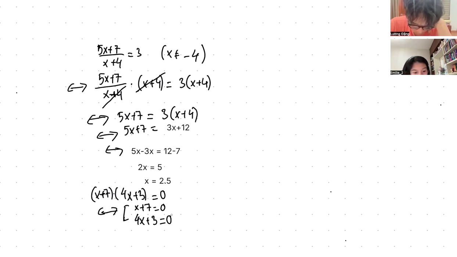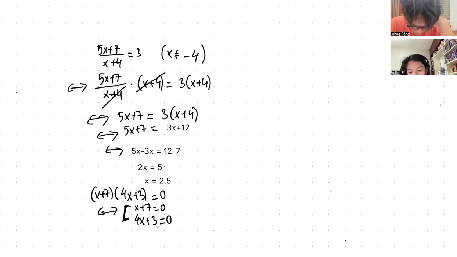So this is a big equation, and these are the two equations. We use that mark for the branches. It means there are two cases here.